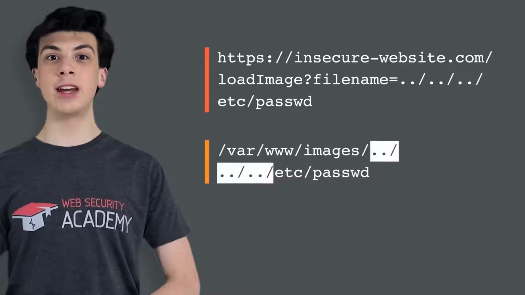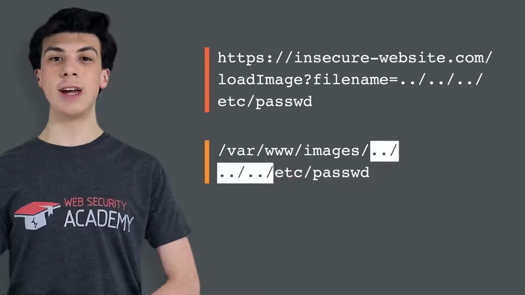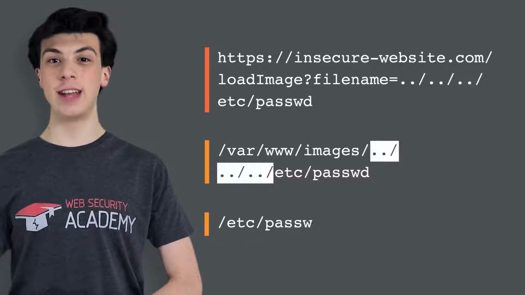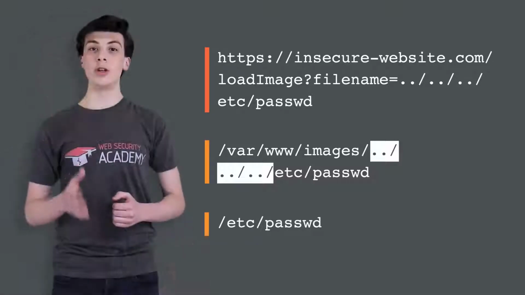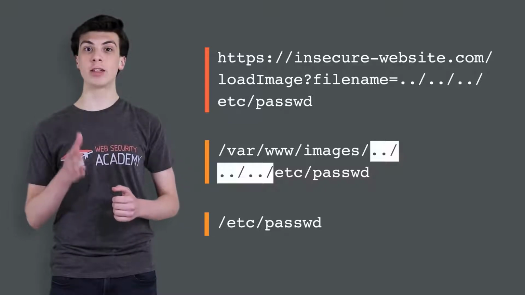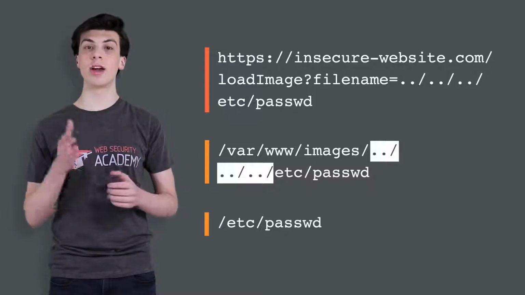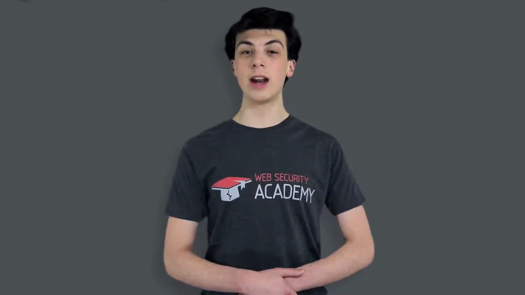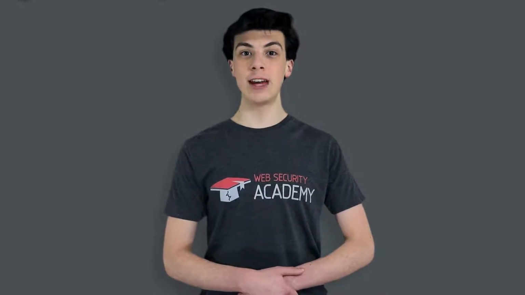The three consecutive ../ sequences step up to the file system root, so this is the file that is actually read. On Unix-based operating systems, the password file is a standard file containing details of the users that are registered on the server. On Windows, both ..\ and ../ are valid in file paths, so an equivalent attack to retrieve a standard operating system file on Windows would be this.